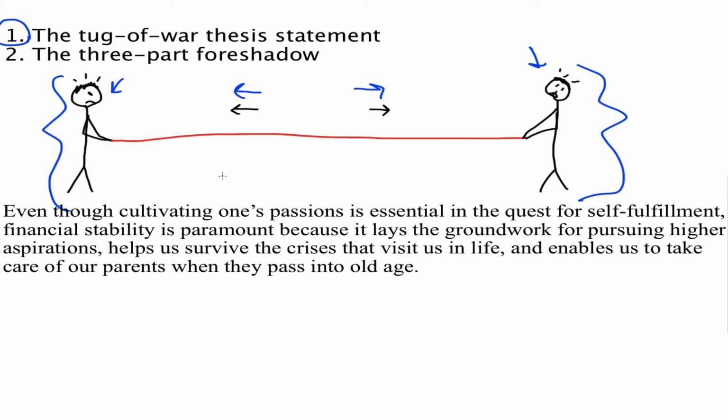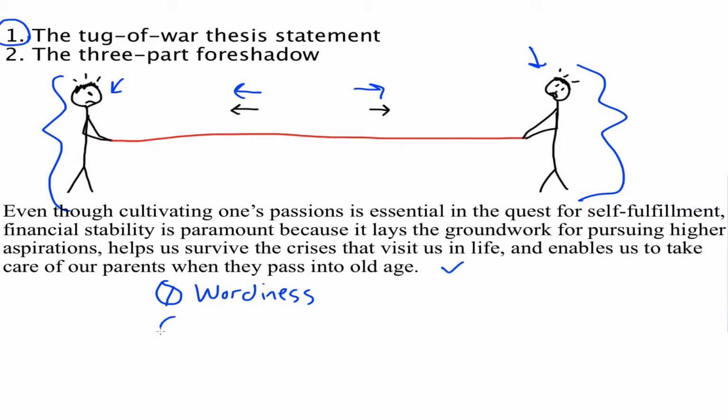Now, the first thing you might notice about this thesis statement is it's long, right? And maybe you've been taught that long thesis statements are just automatically bad. That's not true. It is true that writing long thesis statements like this one is a bit risky, and the three things you can do to help avoid the trap of writing a bad thesis statement when you're dealing with these long statements is to, first of all, avoid wordiness.